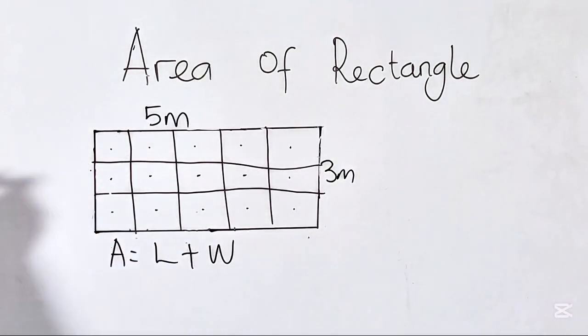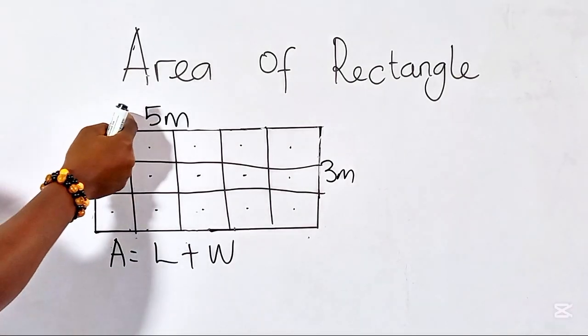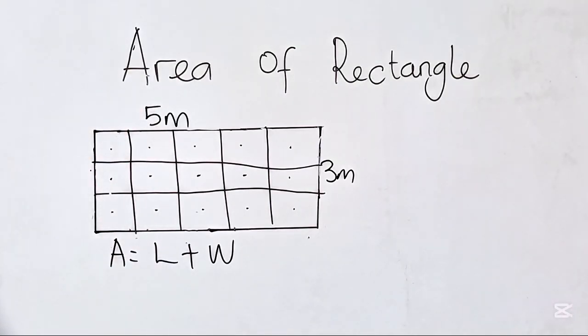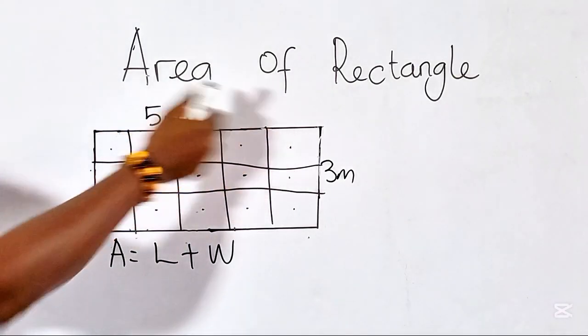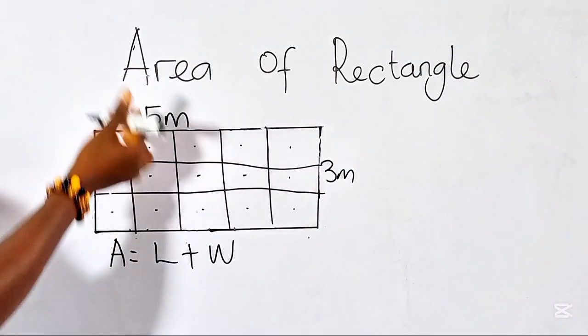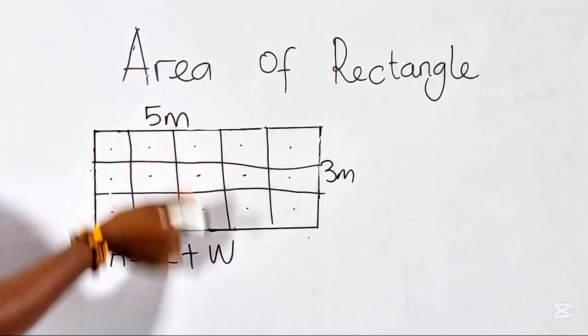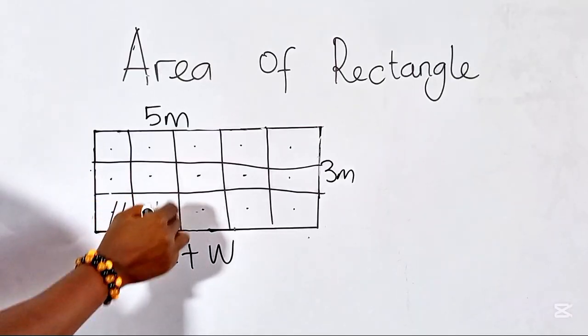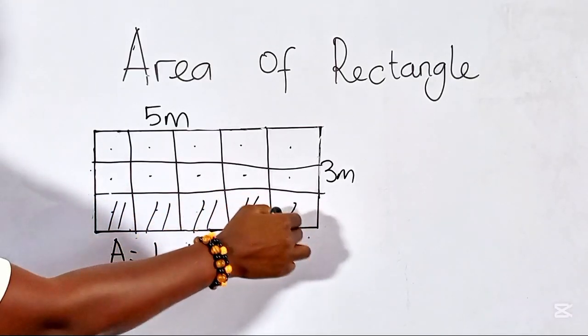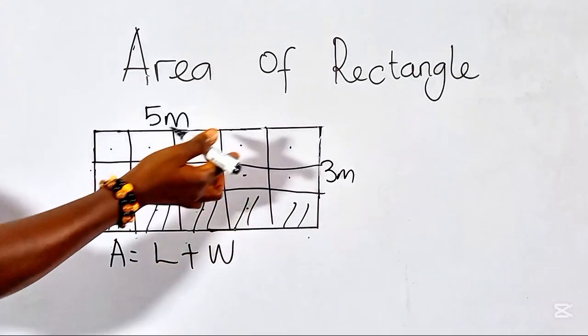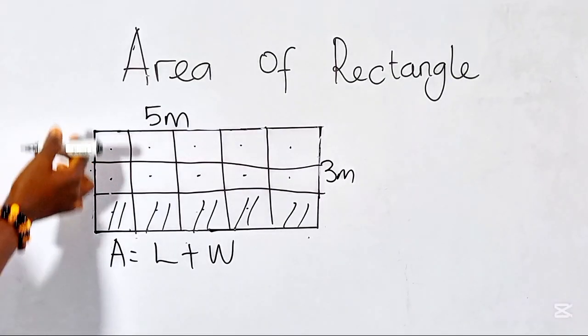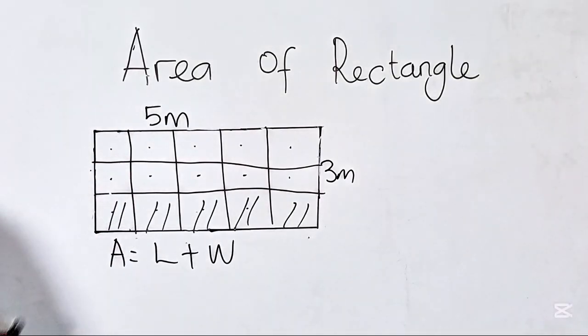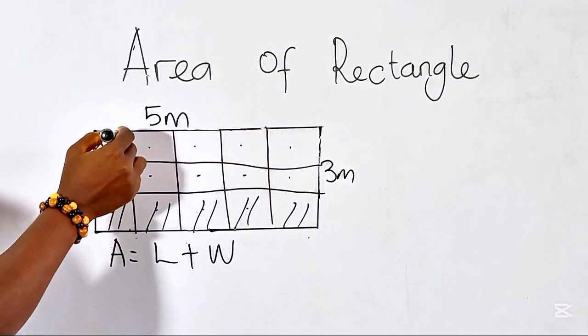Because we are adding, this 5 here is only telling us the dimension of these edges. So 5 meters, we know that the dimensions are equal, right? So it's telling us that we should consider this bottom line. And then this 3 meters is also telling us to measure the edges.